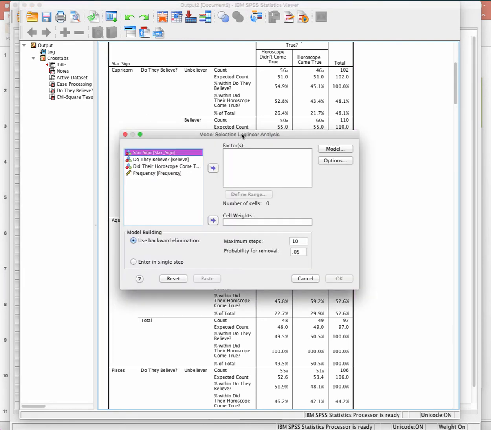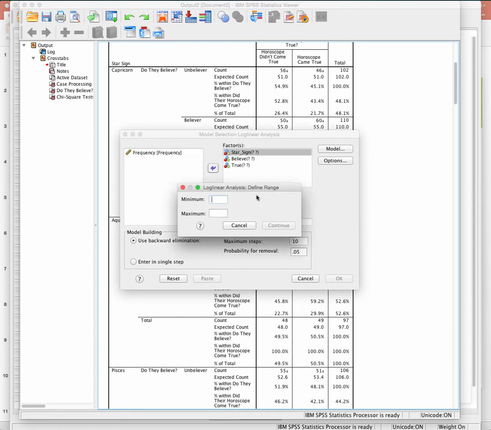The dialog box opens, and we select all of the variables that we want to include in the analysis by clicking on them and bringing them over as factors. Then you have to click on one of these, like star sign, and define the range.